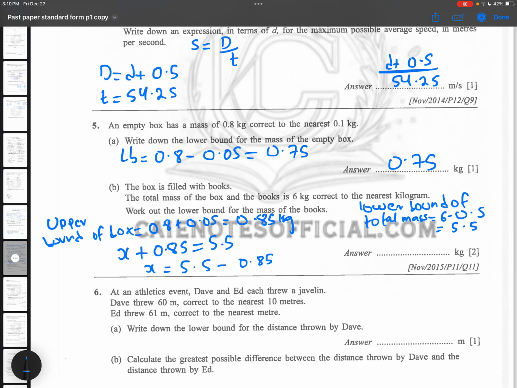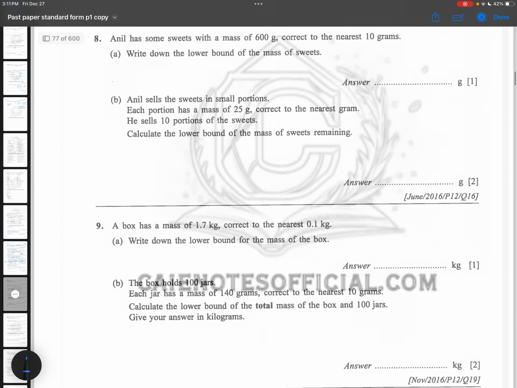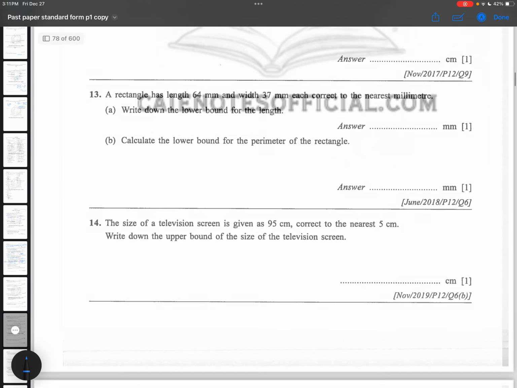Sorry, let me calculate it. 5.5 minus 0.85 is 4.65. This is the lower bound for the mass of the books. Now we will move to the questions that are at the end of the list.